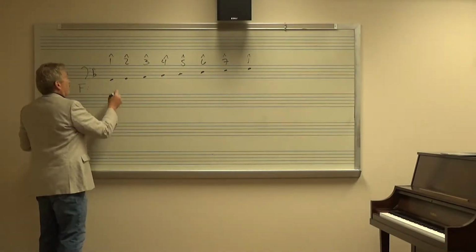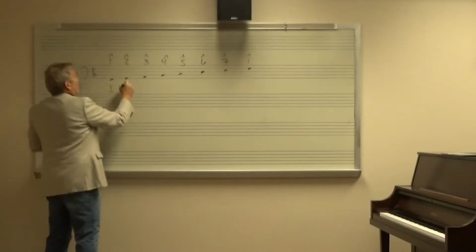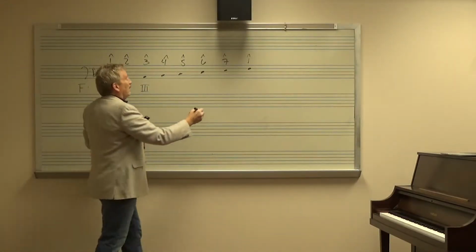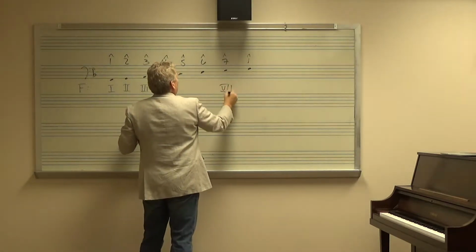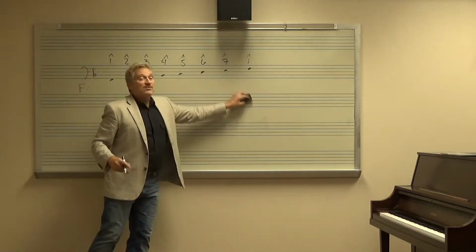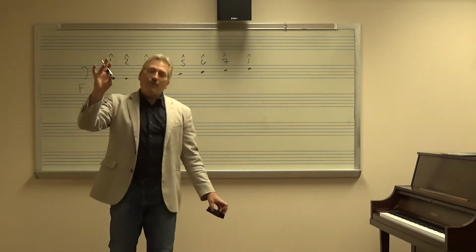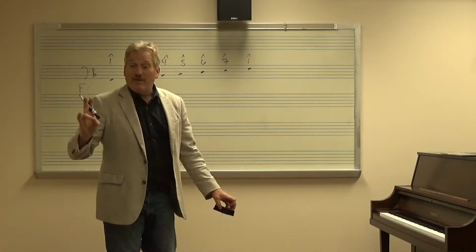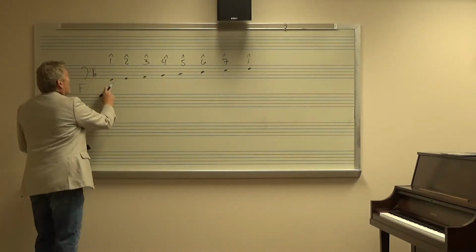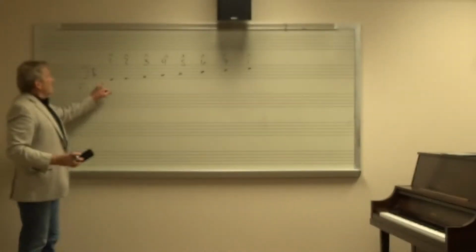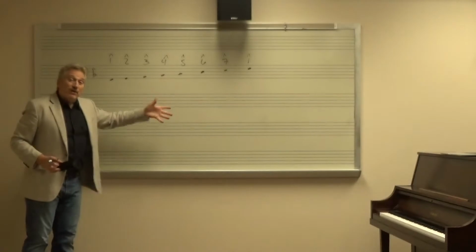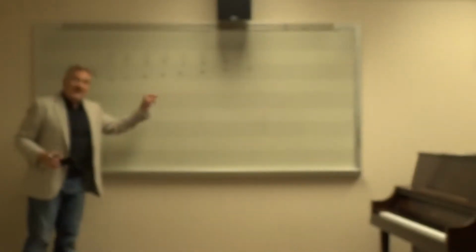In this case, F would be a 1. This would be 2, that would get a Roman numeral 2, 3, etc., all the way up to 7 using Roman numerals. However, I'm not going to explain that further because the type of Roman numeral, whether it's capital, lowercase, or lowercase with something else after it, or capital with something else after it, tells us something about the triad. But what's important to understand is the Roman numeral is telling us which scale degree is the root, regardless of inversion.